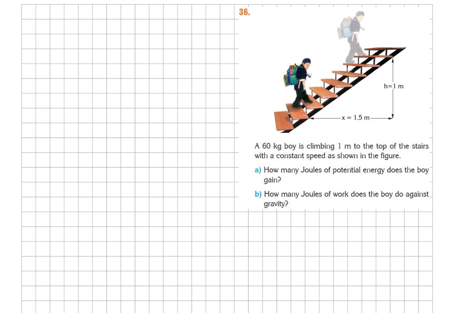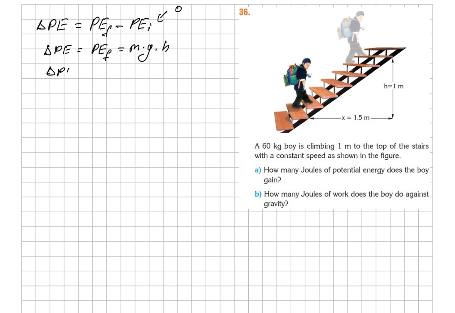Delta PE is equal to potential energy final minus potential energy initial. Since potential energy initial is 0, delta PE will be equal to just potential energy final, which is equal to mass times g times h.